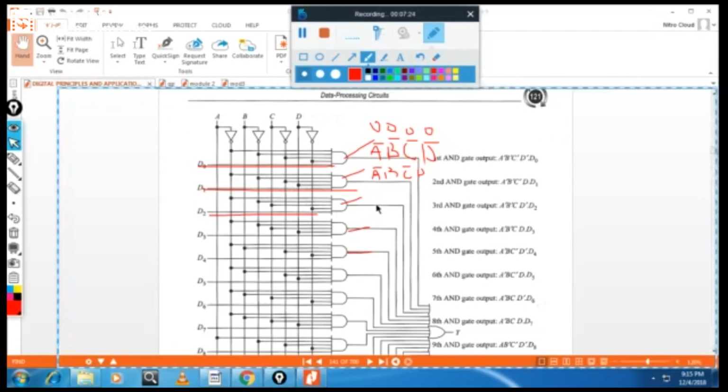The third one is A bar, B bar, C, D bar, like that. All the connections you have to do, and finally connect it to the output Y OR gate, through which you will get the output Y.